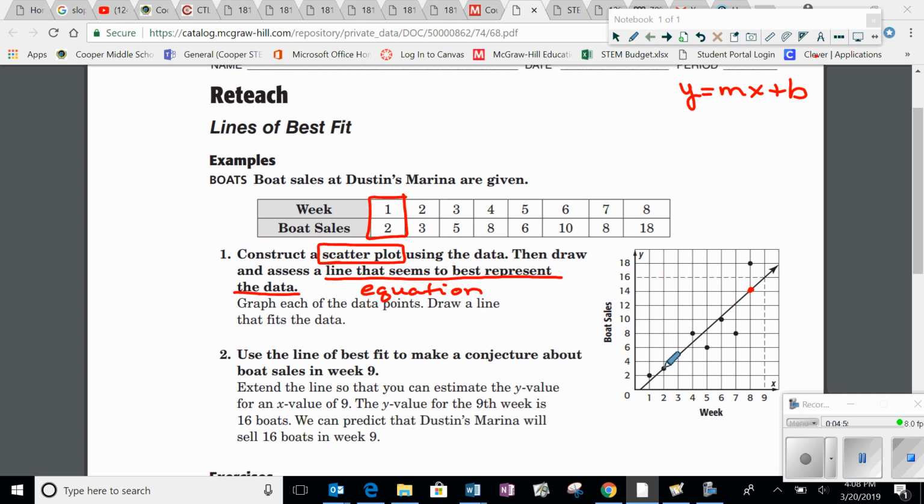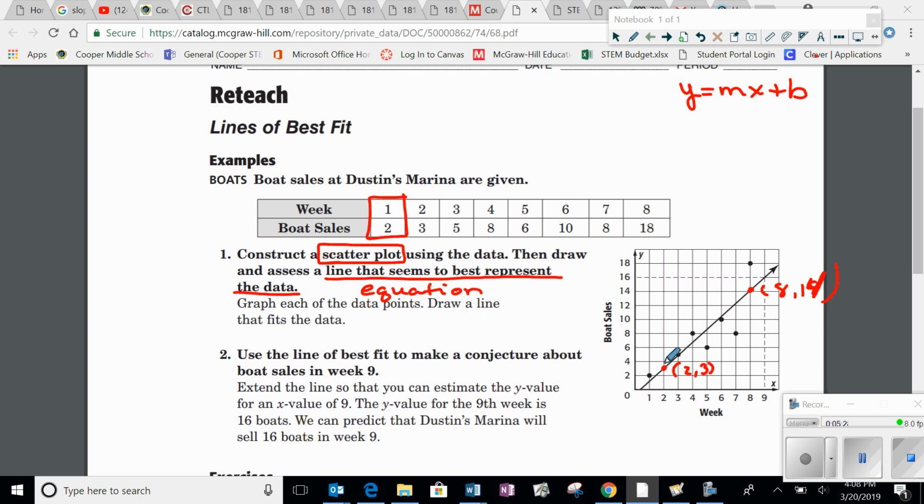So even though it's not on the crosshairs, because it's in the table, I'm going to go ahead and use it. I'm going to use this point right here, which is my 2, 3. And I'm going to use this point right here, which is 8, 14. I'm going to find the slope between those 2 points.